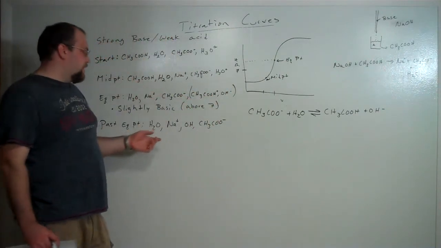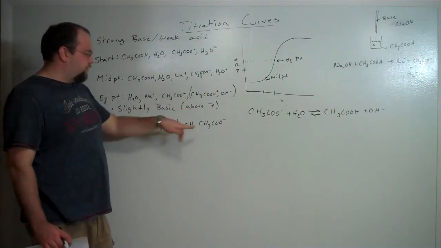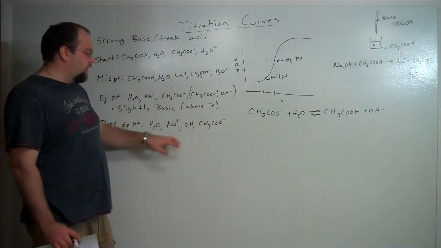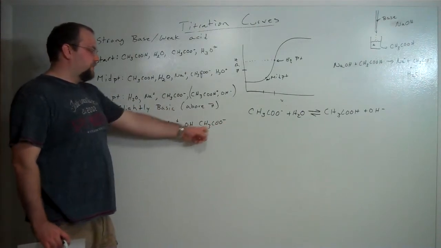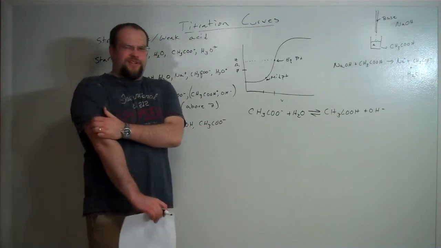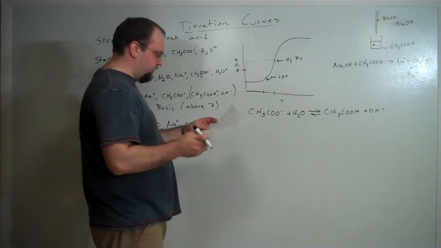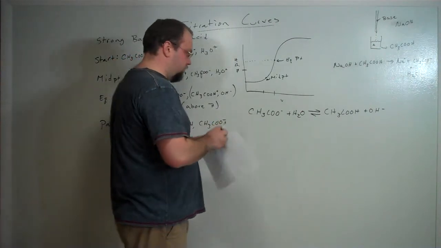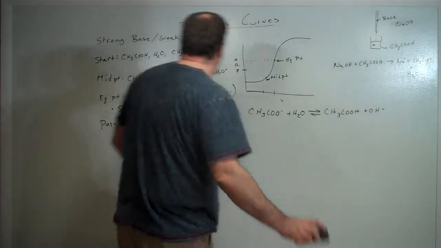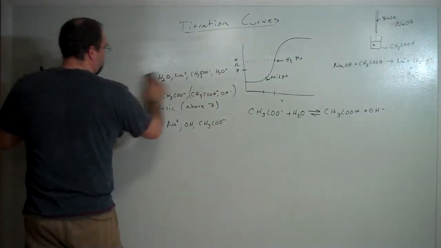So down here, that's going to react with the OH present and turn back into that. So it's present, but not really in any appreciable amounts. That pretty much sums up the video.